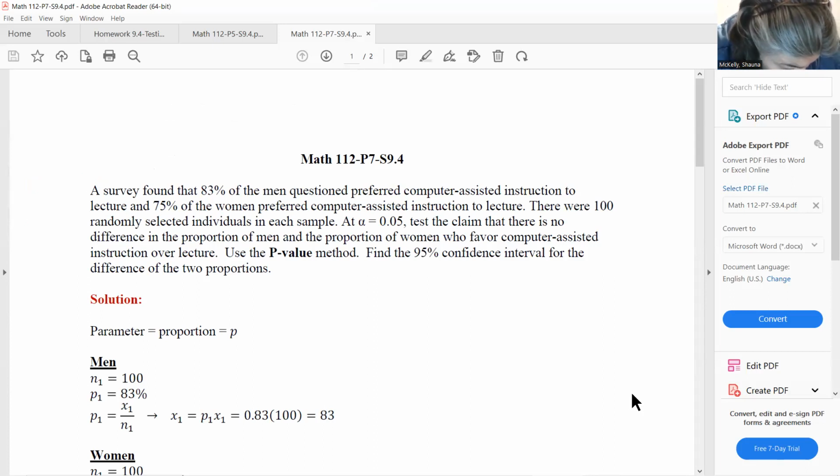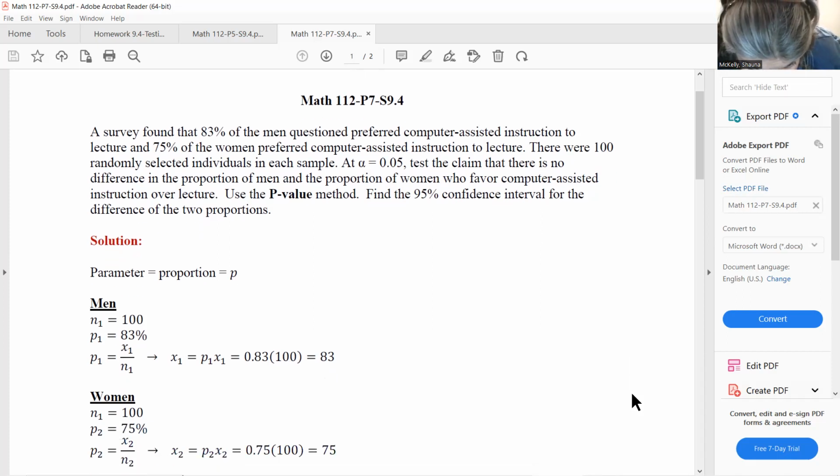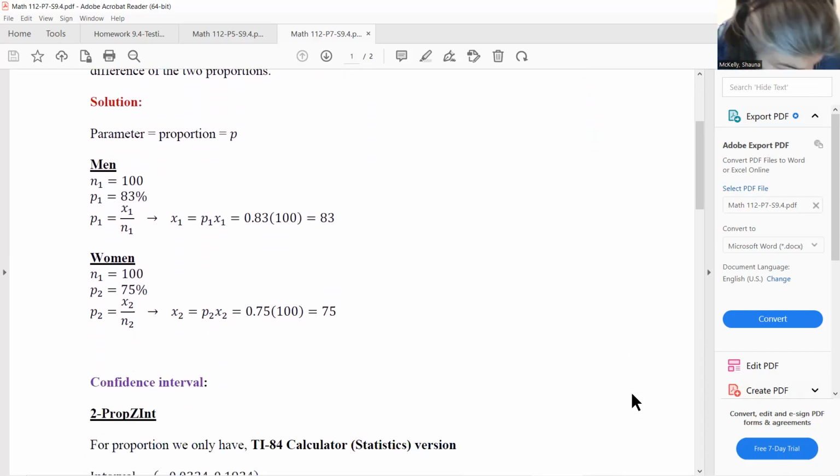And for the women, we have the same 100, and they're 75%. Okay. We're doing this at alpha equals 0.05.